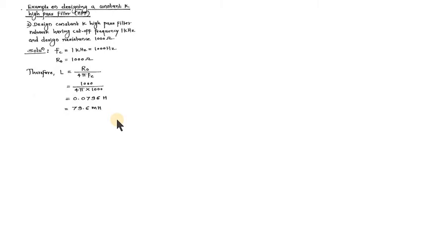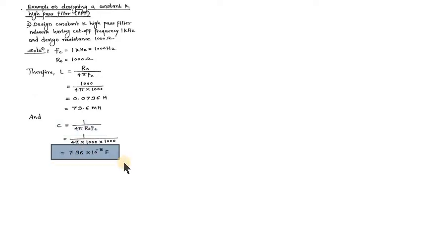Further we should find out the value of capacitance involved in the filter network. The value of capacitance can be found using the formula C is equal to 1 upon 4 pi R0 Fc. If the values of R0 and Fc are substituted, we get the value of capacitance as 7.96 into 10 raised to minus 8 farad.